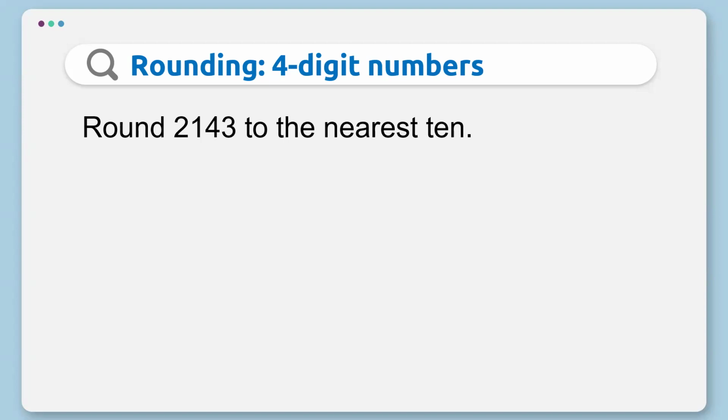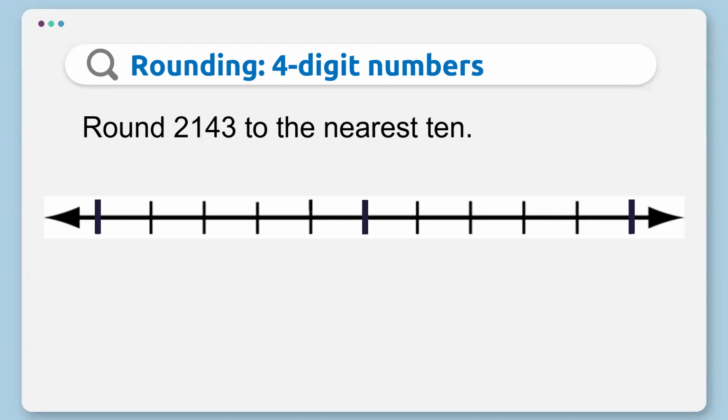This even works for 4-digit numbers or 5-digit numbers. Let's look at some examples. If I want to round 2,143 to the nearest 10, what should I do? If you recall from earlier, tens are numbers that have the digit in the ones place as 0. So, do I know what 2,143 is in between?